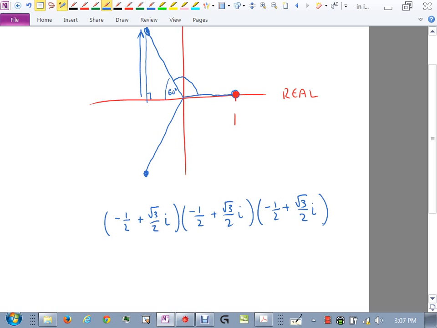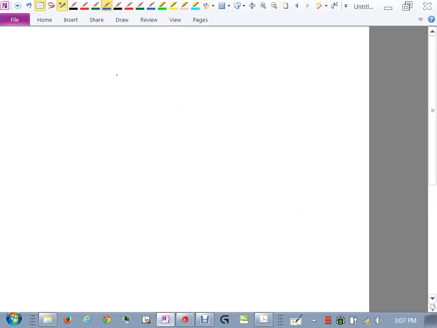The reason I used 1 is because if I say x to the 4th equals 1 and set that equal to 0, how many answers should I get? I should get 4. We know 1's an answer, right? Now, what did I just say? Take 2 pi and cut it up into how many? 4. So these should also be answers. Check it for yourself. 1 to the 4th power is 1, right? Wait a minute, hold on.